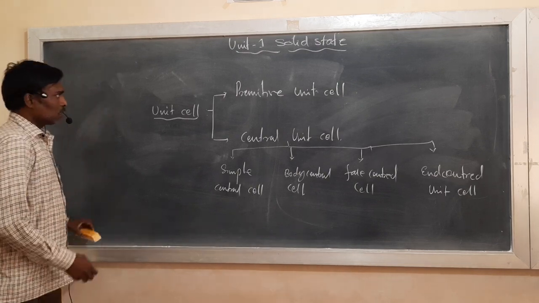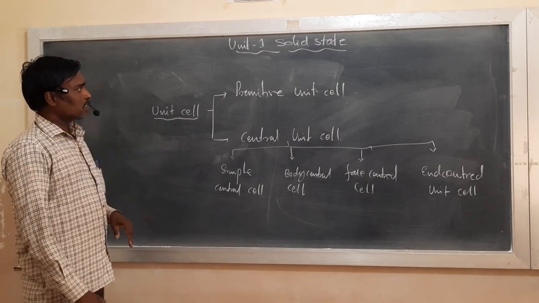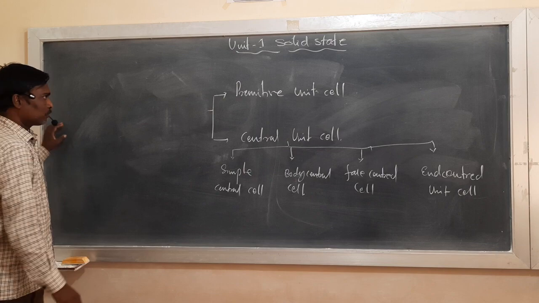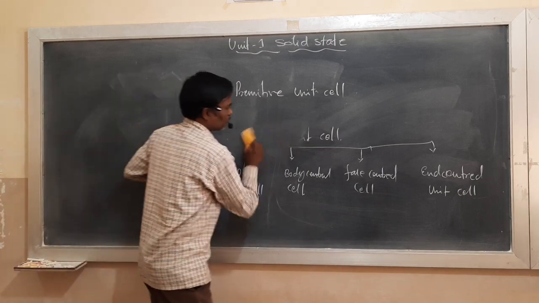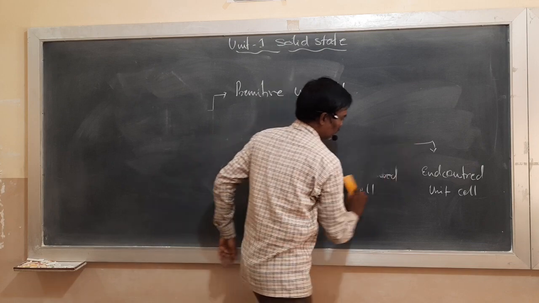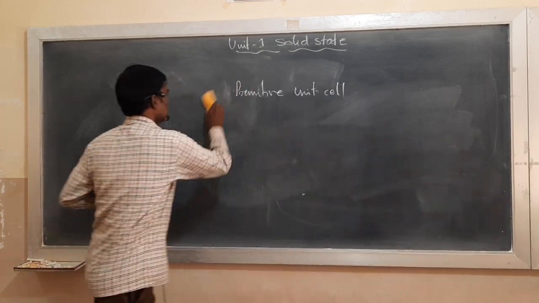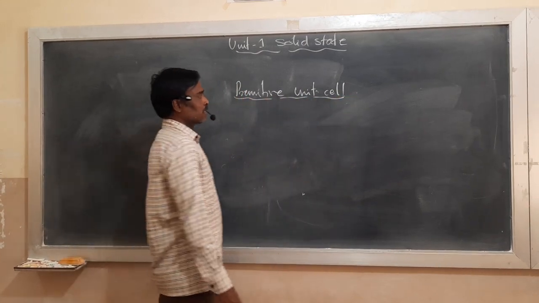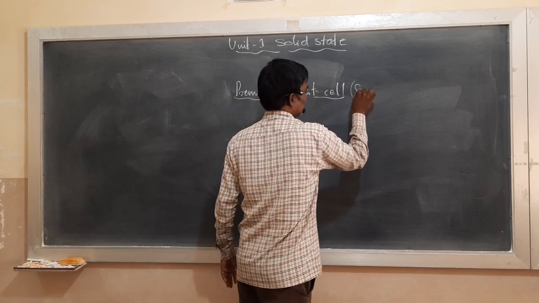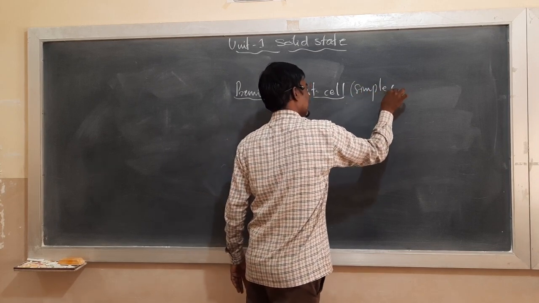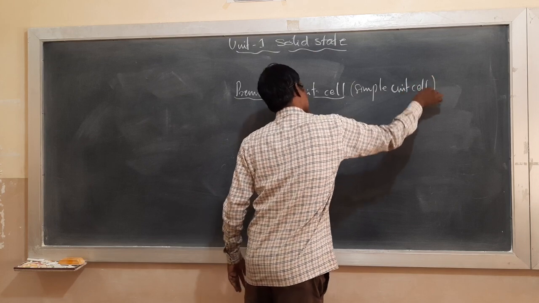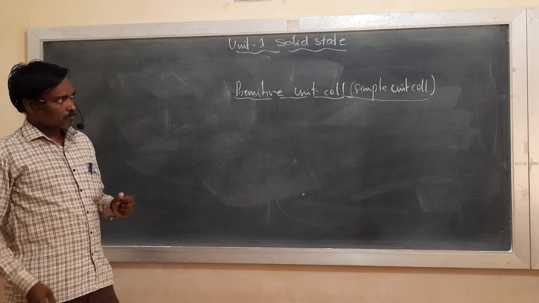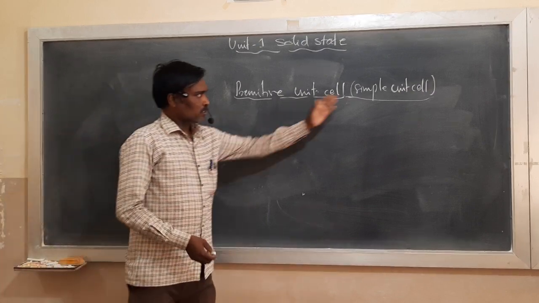Let me show you how the particles are arranged in different unit cells. First, let me go with the primitive unit cell. A primitive unit cell is also called a simple unit cell.